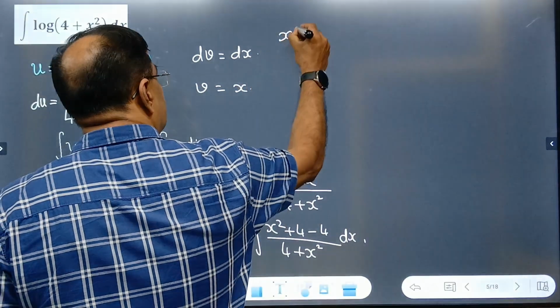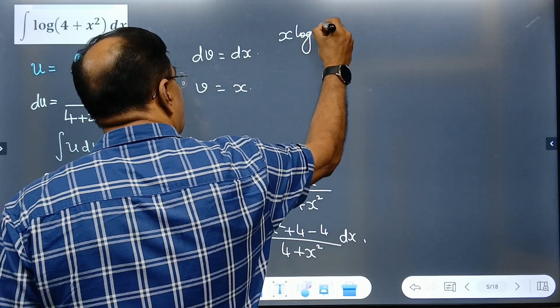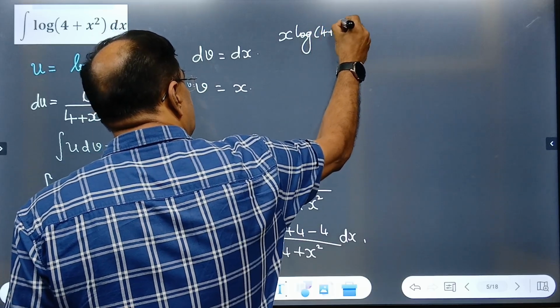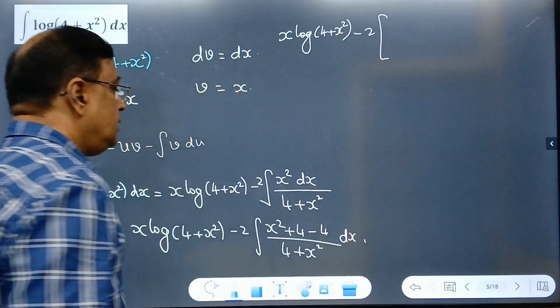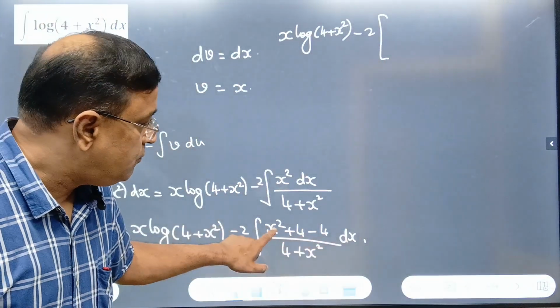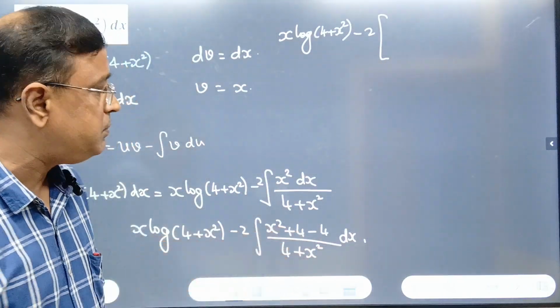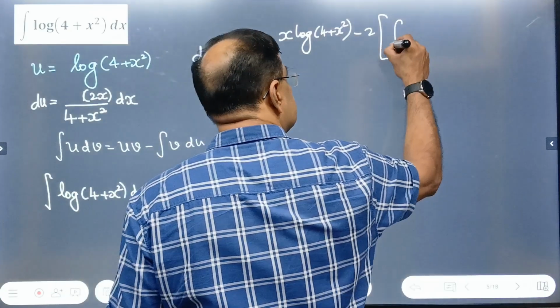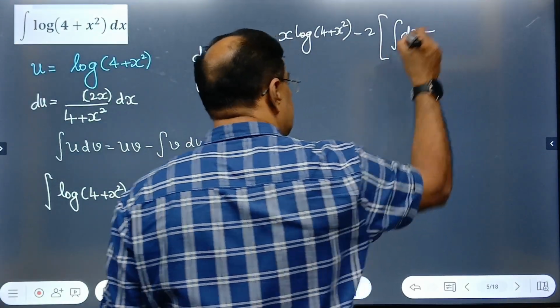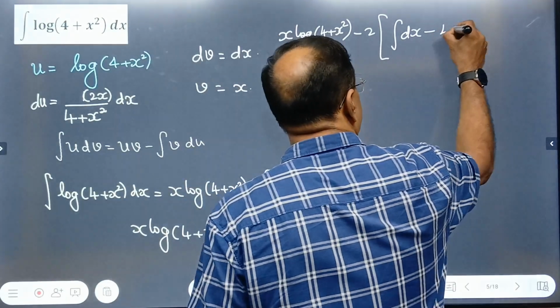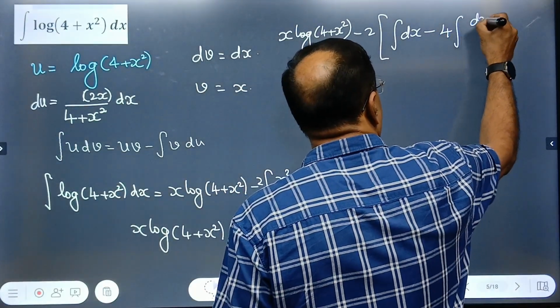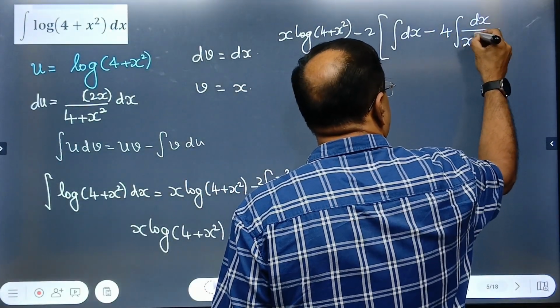This is x into log of 4 plus x square minus 2 is outside. So when I split this, x square plus 4 cancels, I get dx minus, 4 is a constant, I'll keep it as it is, dx by x square plus 4.